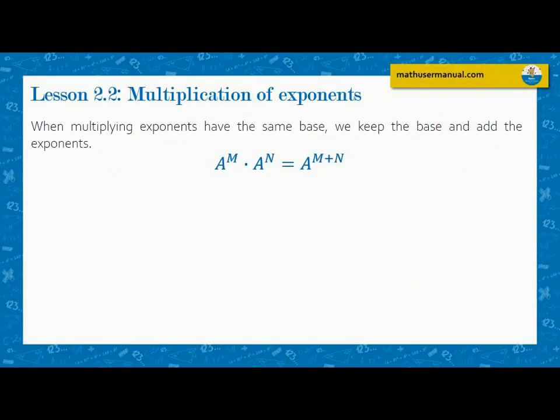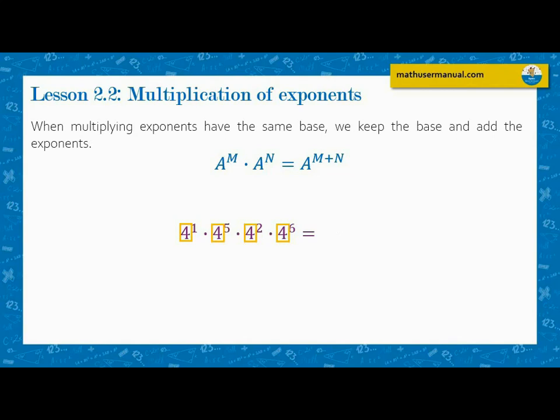But we know in math, the more we practice, the better we get. So let's do one more practice problem. Actually, this time we have 4 different numbers multiplying. All of the bases are equal, but they have different exponents. First of all, look at the 4. The 4 doesn't have an exponent written, so it means it has an exponent of 1, never a 0. It is always a 1. We learned this on lesson 2.1. Then we check that all the bases are equal, which they are. As long as all the bases are equal, we do the same process. We could have 4 of them multiplying, 5, 10 times.